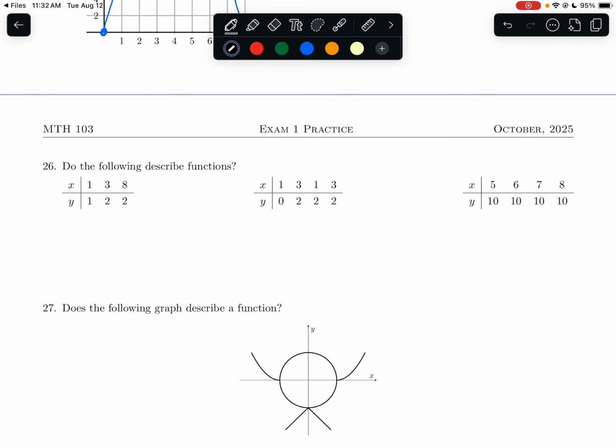So does each input have only one output? If the answer is yes, then it's a function.